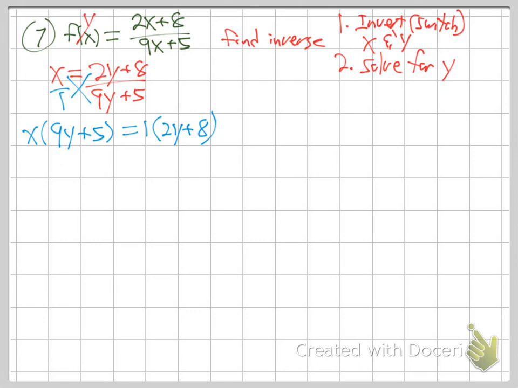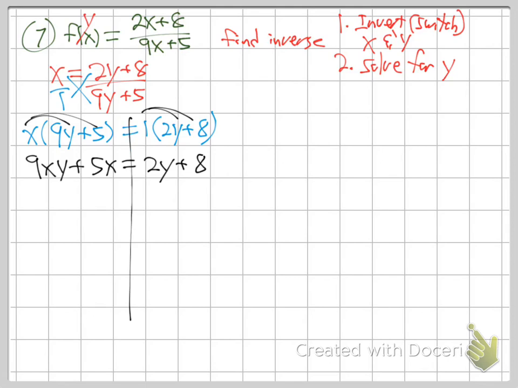Give you just a second on this one. I want to see if you remember. So distribute: 9xy plus 5x, boom, boom, 2y plus 8. So what are we supposed to do? We're trying to solve for y, aren't we? Notice this term has a y and that term has a y.